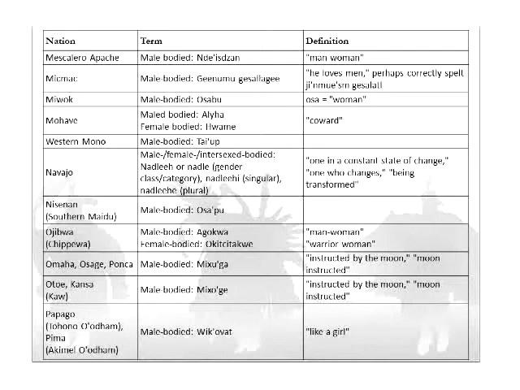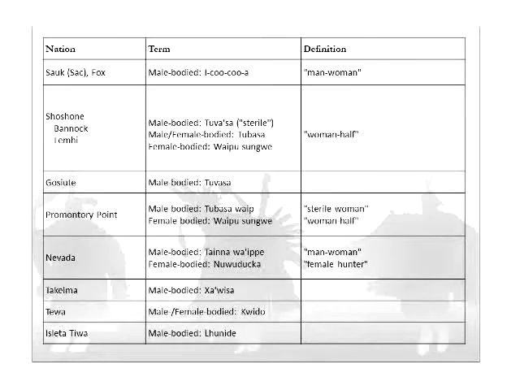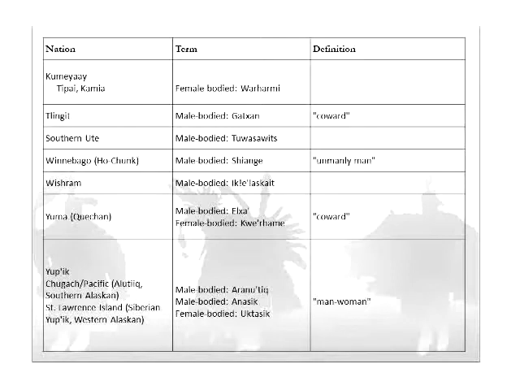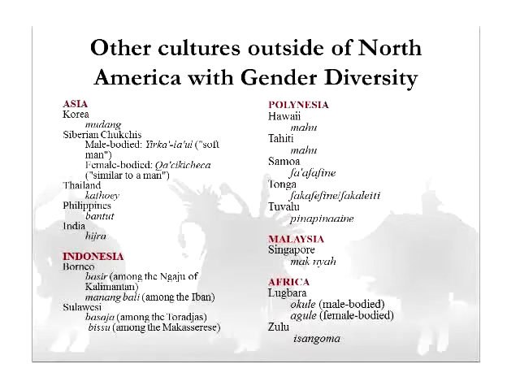And of course, you saw the Cree Nation, the best nation in the whole wide world. But we're not alone. In other cultures outside of North America and Turtle Island, there is a similar concept that expresses gender diversity within their own languages.